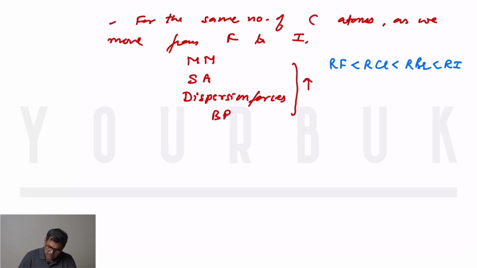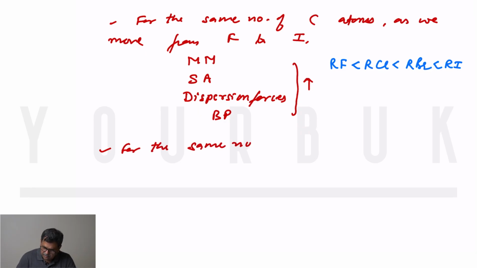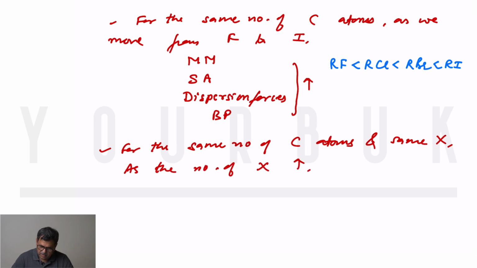The next point, for the same number of carbon atoms and the same halogen, meaning you keep your halogen same, either chlorine or bromine or iodine, same X. As the number of X increases, again the same thing: molecular mass, surface area, dispersion forces, boiling point increases.